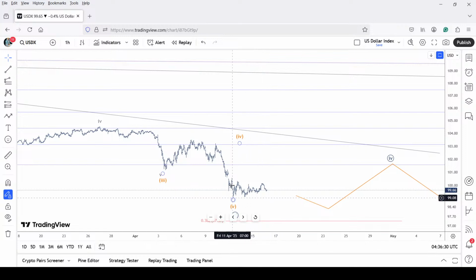It is a three-wave up and three-wave down, and it could be a triangle being formed as well, A, B, C, D, and E. So if it is a triangle, then it would terminate sometimes sooner around the price action that it's trading right now around 99.65. Terminate the triangle structure and resume its rally higher back towards 10150.